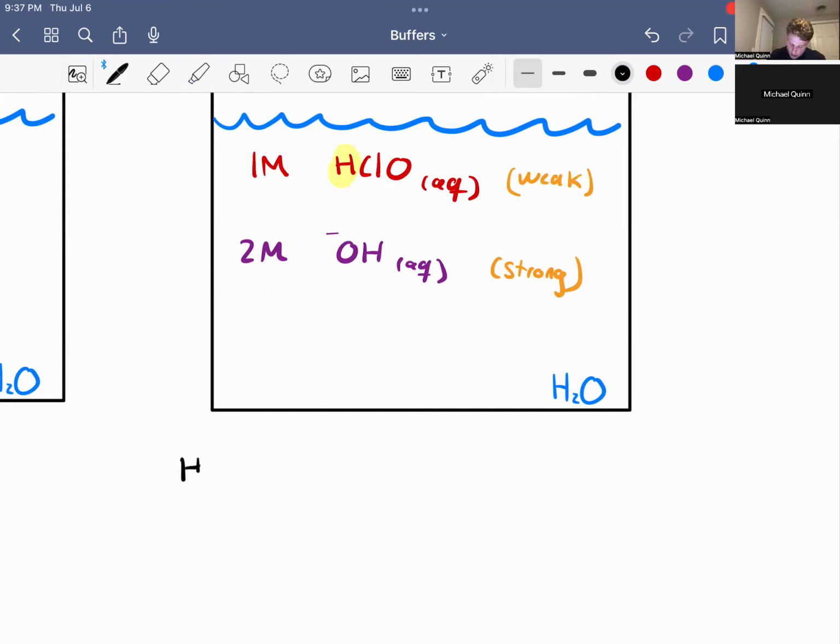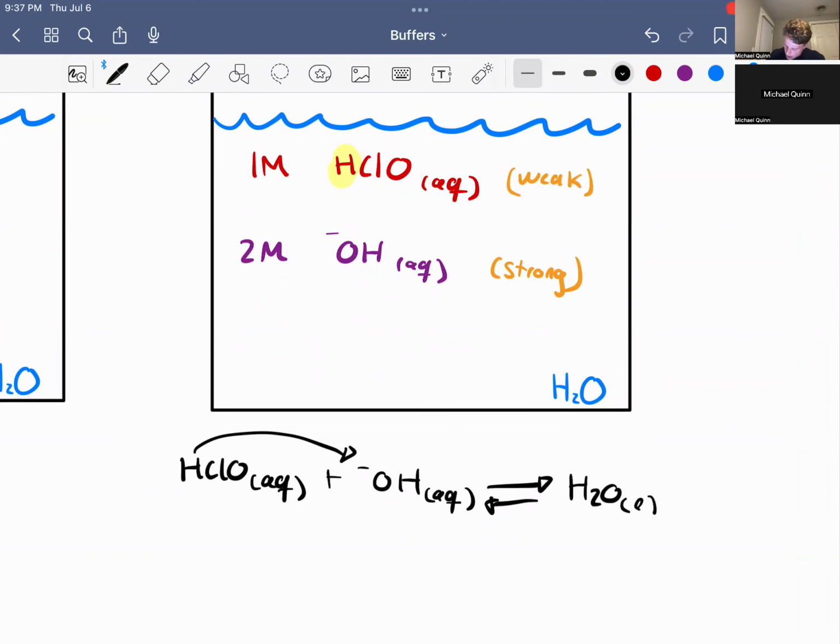So we have HClO plus OH minus. It is a strong base, and the acid will want to react with the strongest base. This will give its hydrogen to make H2O liquid, and you will have ClO minus left over.